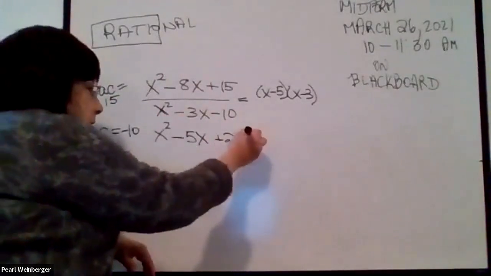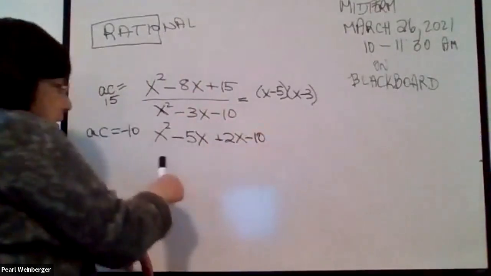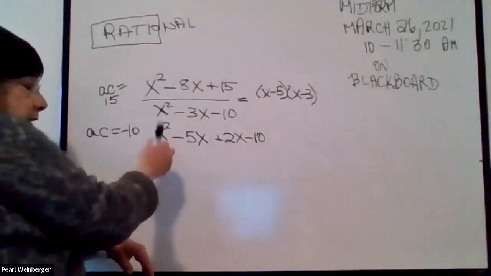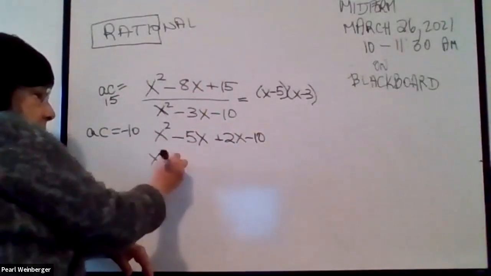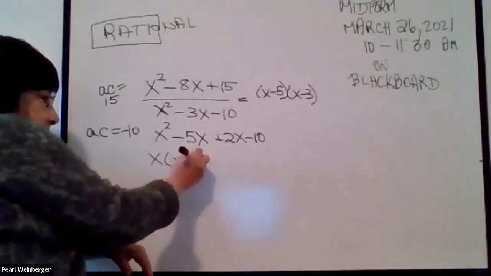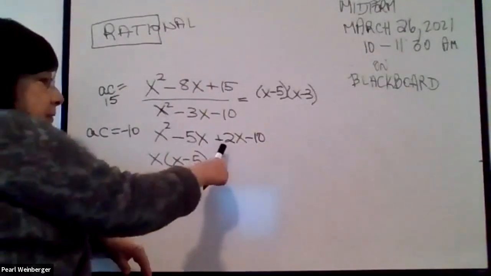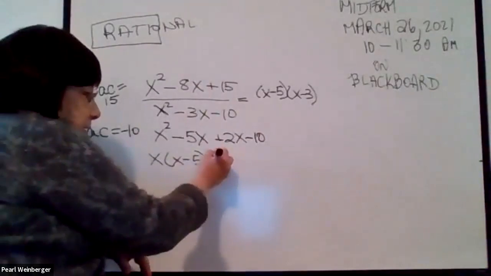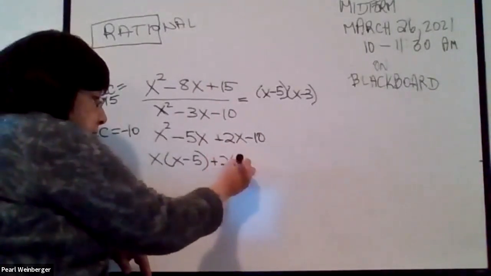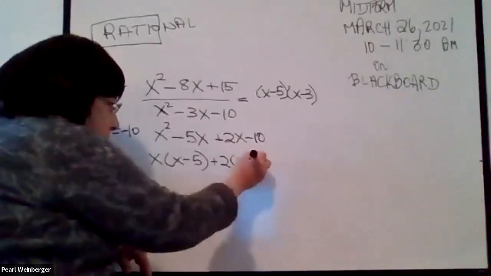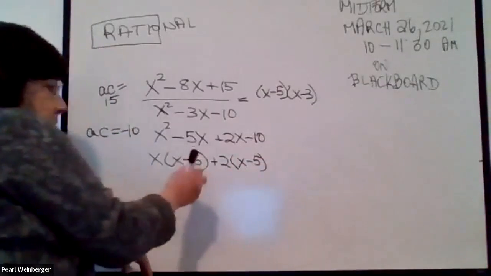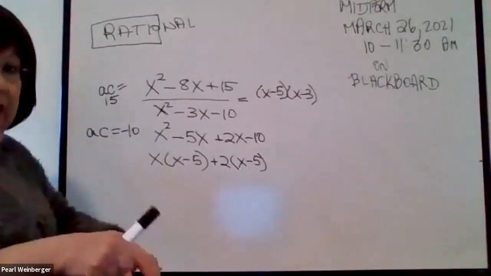This is x squared, this is negative 10. Okay, so in my first group, my common factor is x, so that becomes x minus 5. And in my second group, my common factor is 2, so that gives me 2 times x minus 5. So my common factor now is x minus 5.